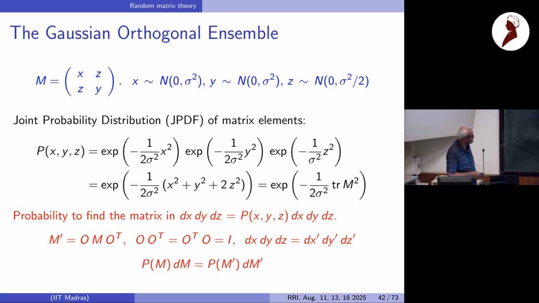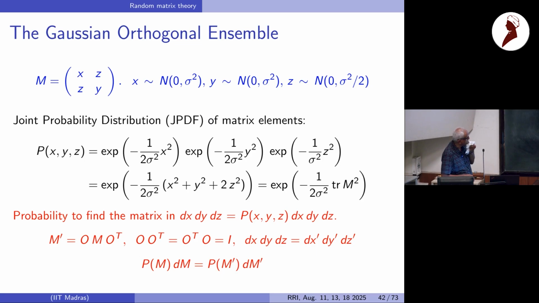So what does that mean? More formally, you can take any orthogonal transformation of this matrix M, and you'll get M prime, where O is orthogonal. Then you have different entries, x prime, y prime, and z prime. The volume element remains the same because it's an orthogonal transformation.